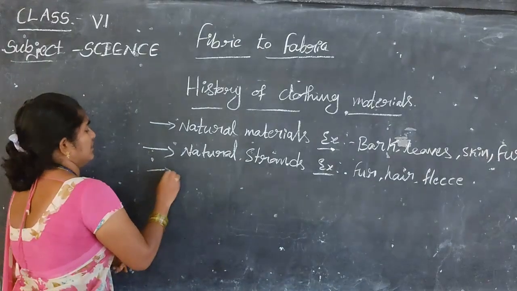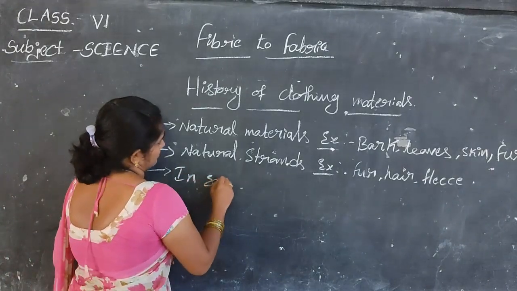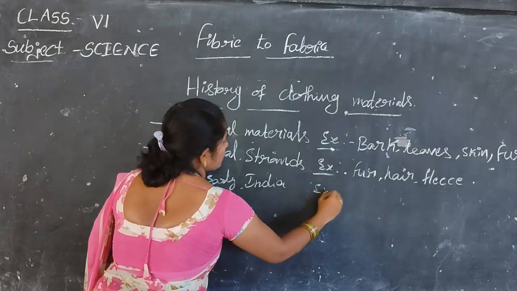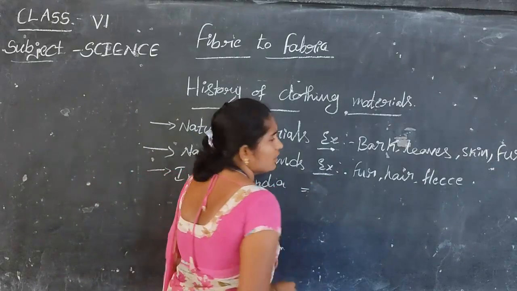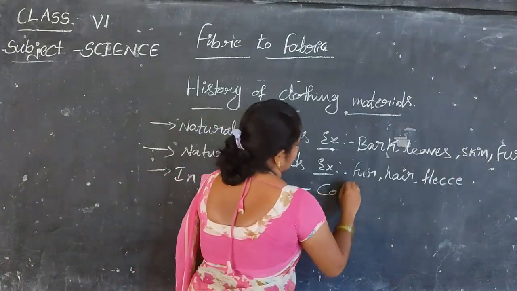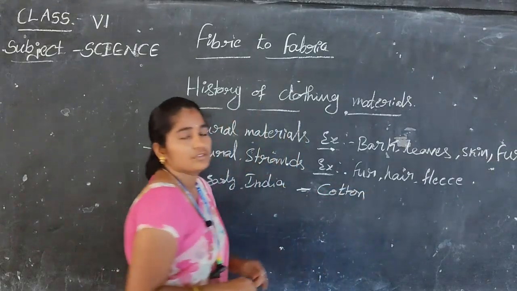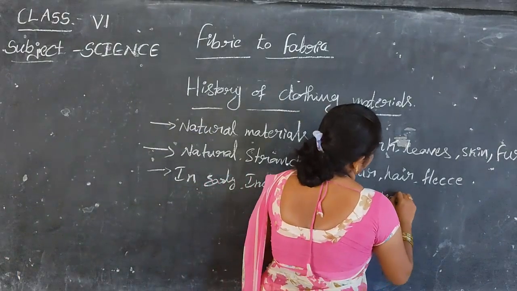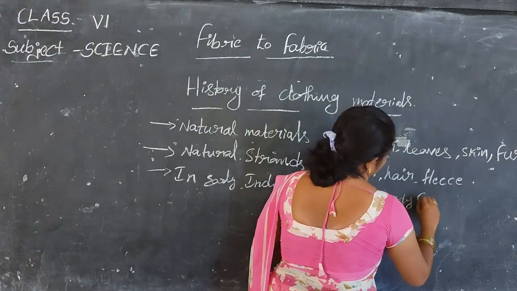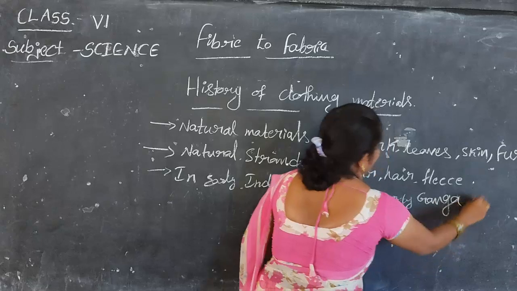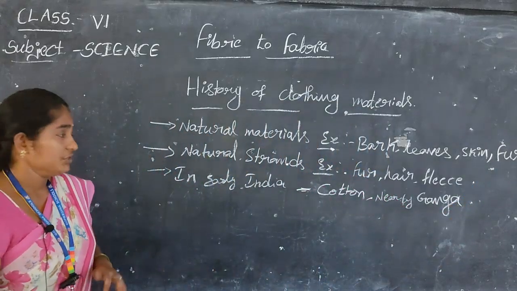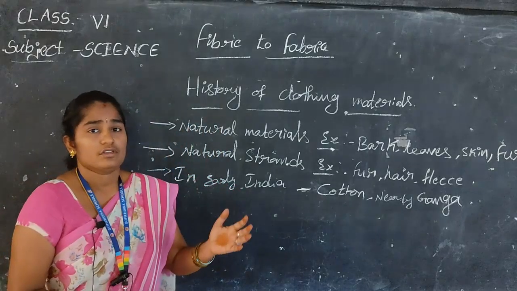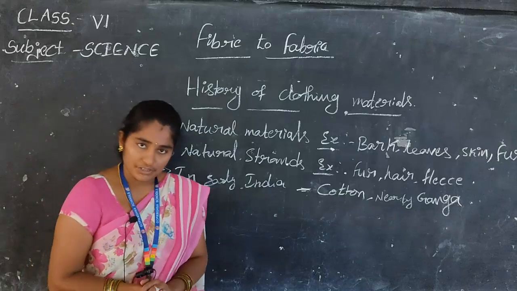In early India, they are using cotton nearby the Ganga river. Means in early India the cotton is mostly cropped nearby the Ganga river.